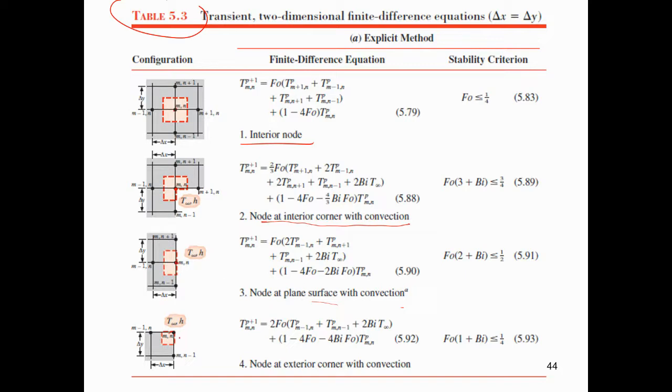Node at exterior corner with convection, like this here. So how to write the node equation for this kind of scenario? You already know from chapter 4. But in chapter 4 we didn't include time. Now we include time, then let's see what happens.